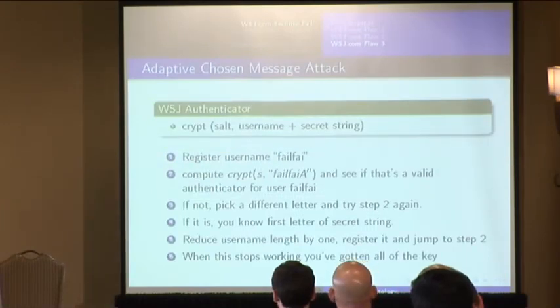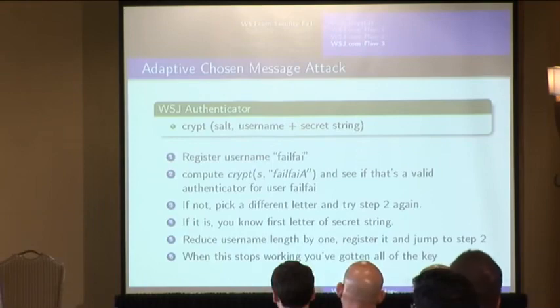In this case, you register a 7-character username, like failfay, and then you compute the crypt, and you basically try the first letter of the secret string, and you try each one until you get a valid authenticator. Then you do the same thing with the 6-character username, and you can break the authenticator 1 byte at a time instead of having to guess it all at once.